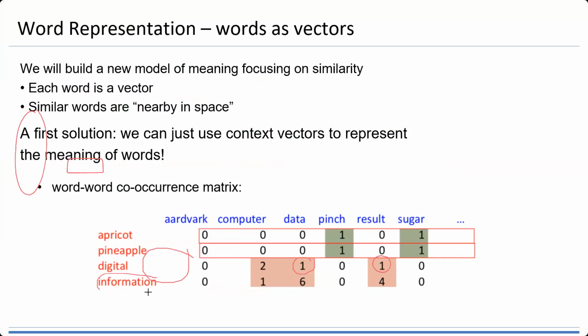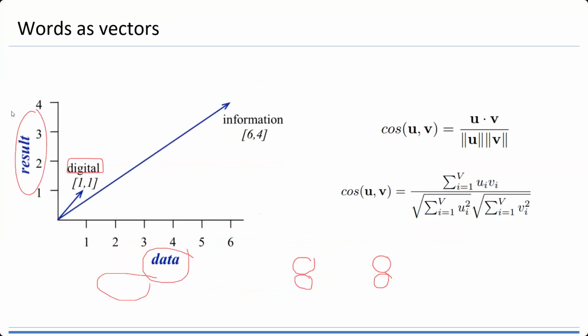And the word information, we have 6 on data and 4 on result. So this is the location and this is the location.